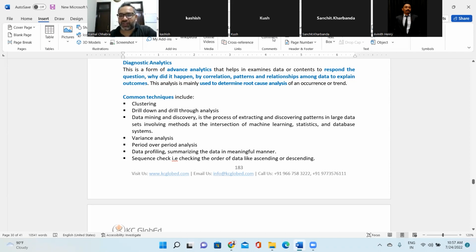MakeMyTrip, yatra.com, right? So these all are actually using diagnostic analytics. They are diagnosing the relationship, or diagnosing the requirement of the customer, and accordingly started supplying the required need.